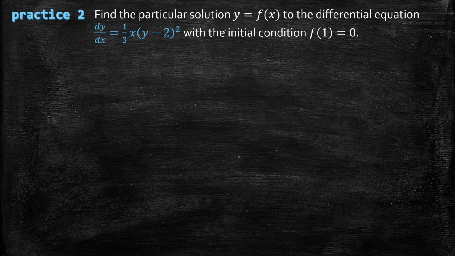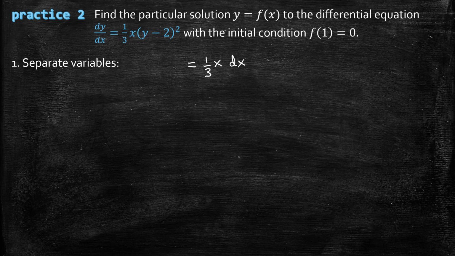So here's another practice problem, a new differential equation with a new initial condition. The first step is to separate the variables, and I would recommend leaving the 1/3 or any constants on the right-hand side with the x terms, because often the y side is the more difficult one to take the antiderivative of.